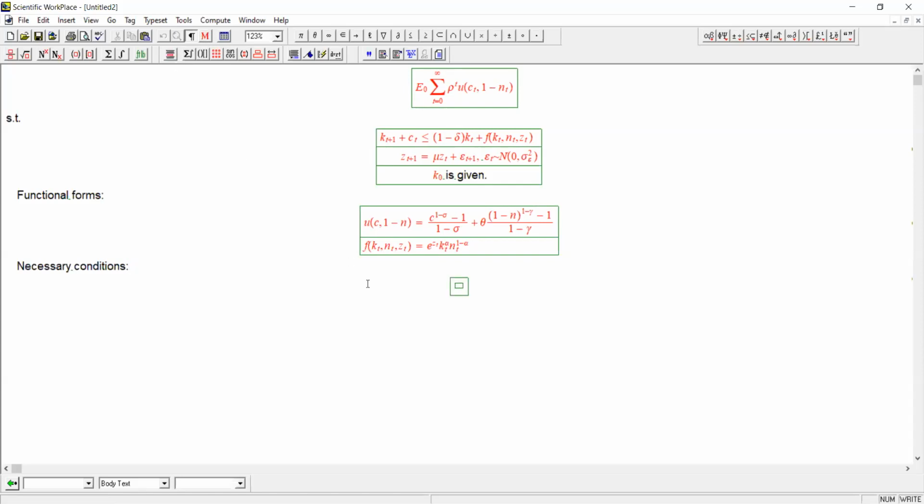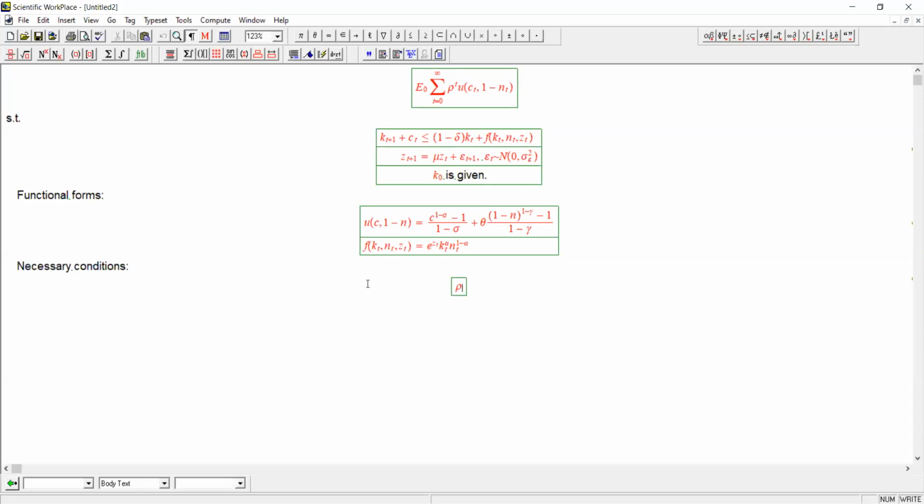The first is going to be the Euler equation, which we obtain by differentiating with respect to capital tomorrow, and then by taking the envelope condition, if it's the recursive problem that we're solving. And that's going to look like this.